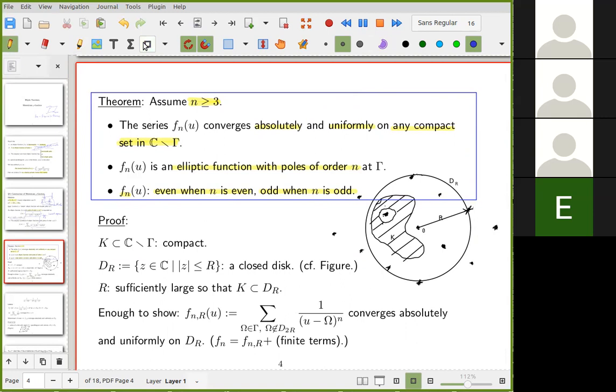Let's assume that K is some compact set which avoids lattice points.